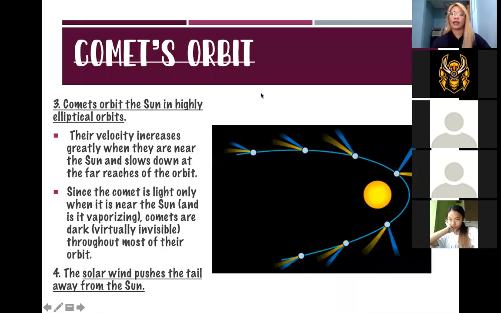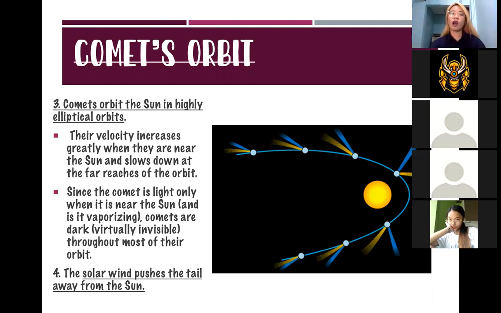And the comet's orbit, nabanggit ko na kanina, is that these comets don't just stay in our solar system. Masyado silang magala. They actually reach other solar systems in our galaxy. Ganun kalayo yung tinatravel nila.